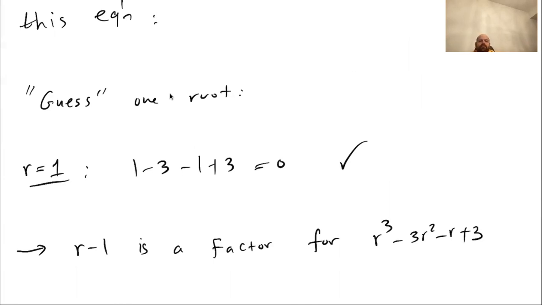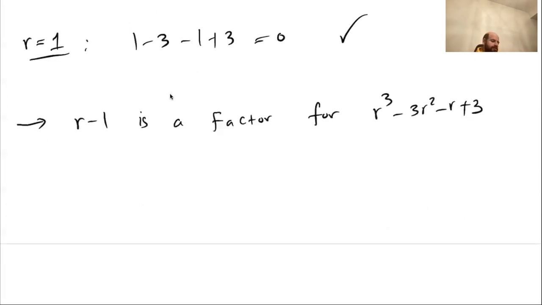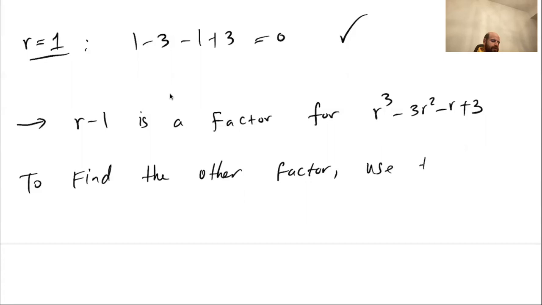This is also something you learn in pre-calculus, that if r equals a is a root, then r minus a is a factor of your polynomial. So here r equals 1 is a root, r minus 1 therefore is a factor. So to find the other factor, use the long division.